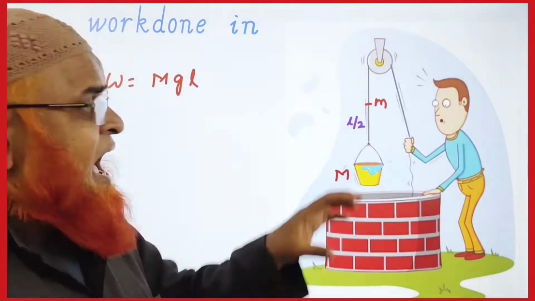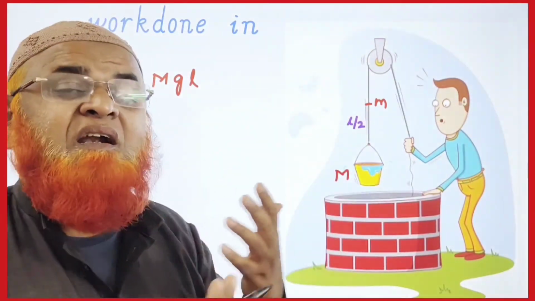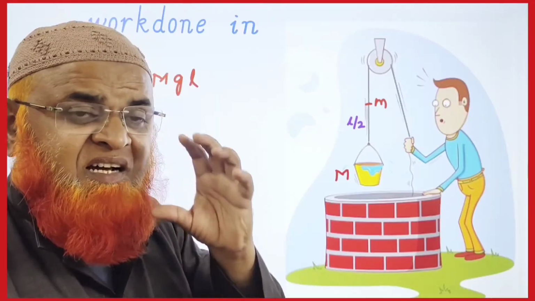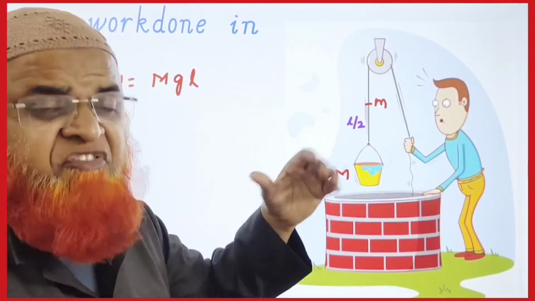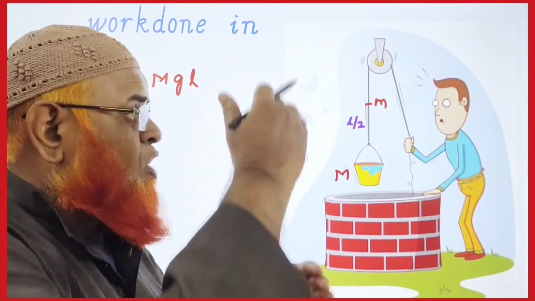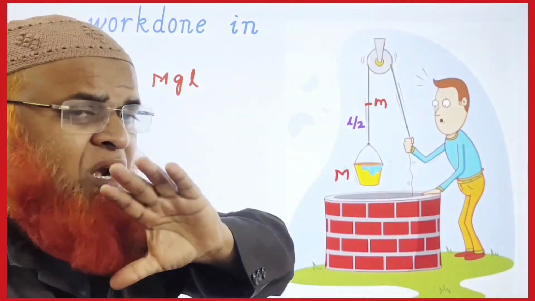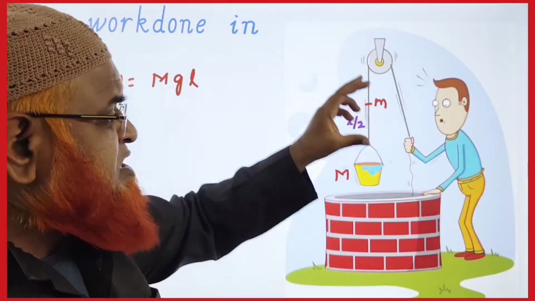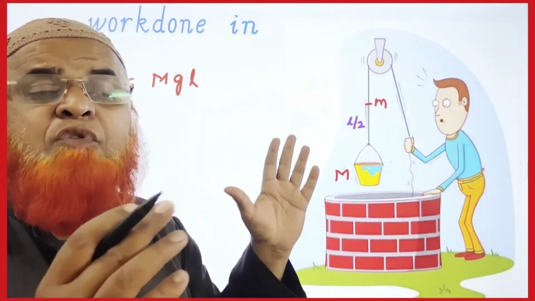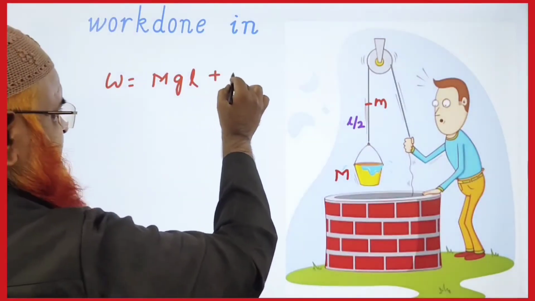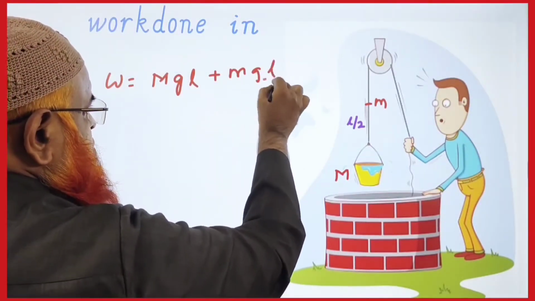But the rope also has certain mass. As it is a uniformly distributed body, we have to consider only the center of mass of the rope. That means you have to consider only half of the length of the rope, not the complete rope. That's why we write this as mg into L by 2.